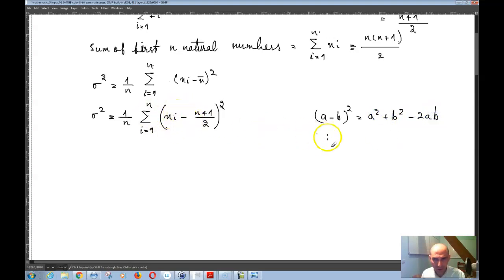So this is going to be equal to a squared, which is x of i squared, plus x plus 1 whole squared divided by 2 squared, which is 4, minus 2 times a, which is x of i, times b, which is x plus 1 divided by 2.